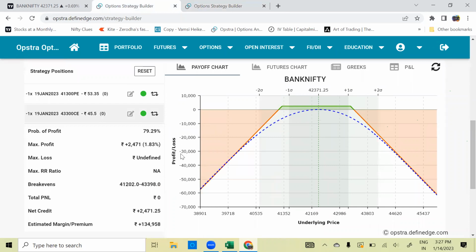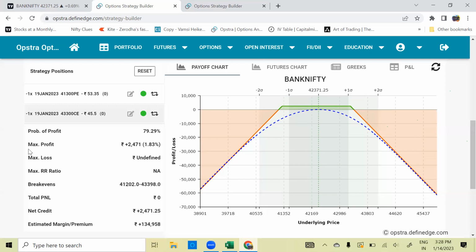And one thing you should remember always: if you buy a hedge, it will do more harm, you can say. Your probability of profit and your profit potential also will reduce, because whenever the options we have sold decay, the hedges we have bought will also decay.